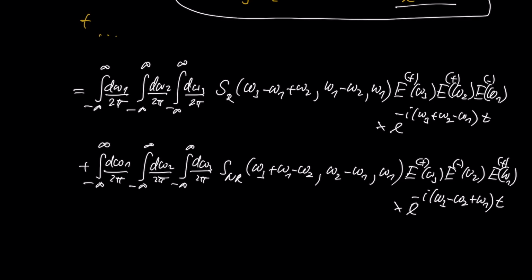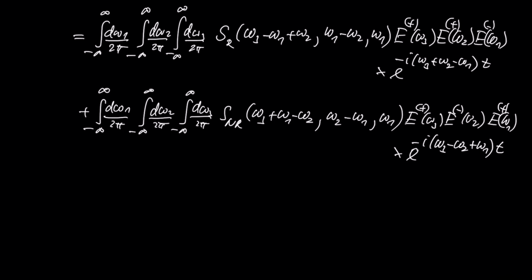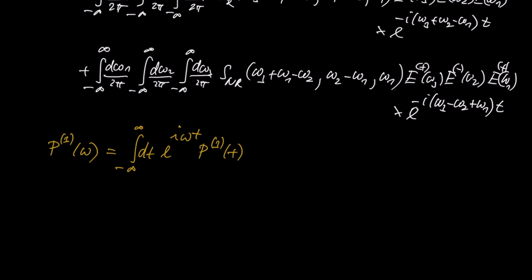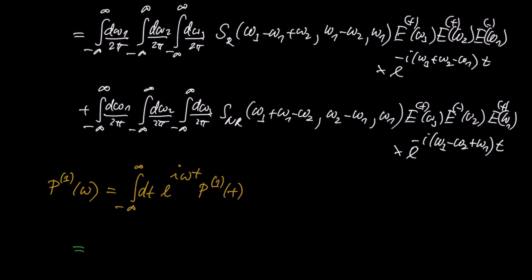And that's not all we want to do. We would now like to write P3 of omega, because that's what we detect in our experiment. And that is nothing but a Fourier transform of the P3 of t. So that equals, and now we have two contributions where the e to the power of i omega t here will meet with this frequency and this frequency.